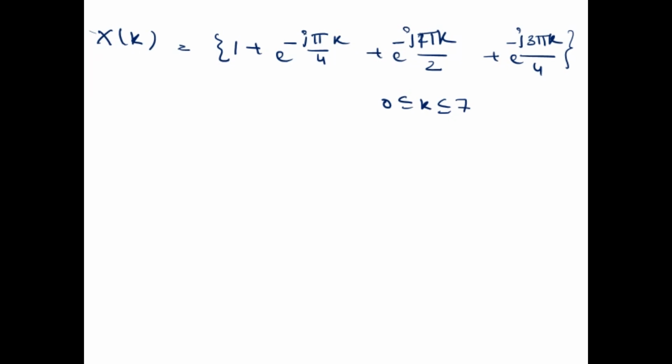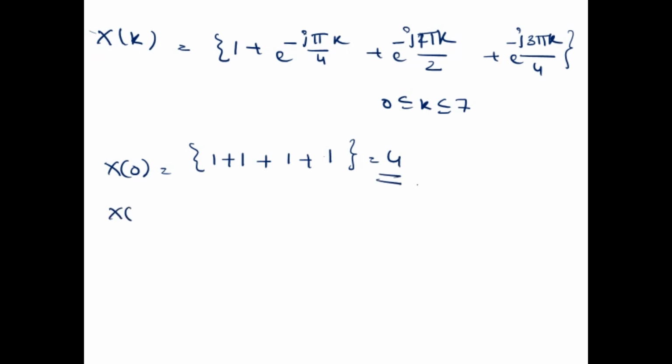Now we have to expand the value of k from 0 to 7. If you put the values, one value I will show you: x of 0 is equal to 1 plus e power 0 is 1 plus e power 0 is 1 plus e power 0 is 1, which is equal to 4.